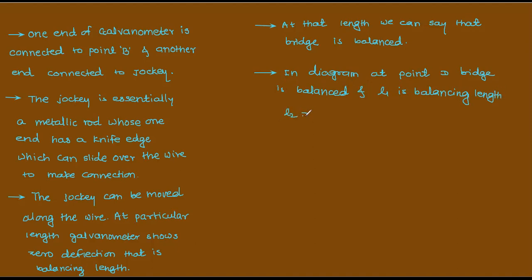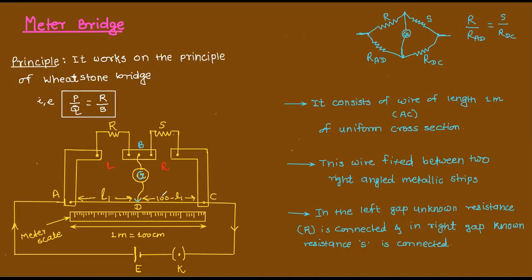And L2 is equal to how much? 100 minus L1. L1 is the balancing length, and L2 is equal to 100 minus L1. You can see in the diagram here, already I have denoted. Yes. Okay. Next.